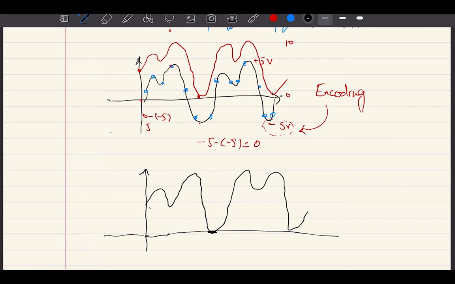After you have all those quantized intervals, shifted upwards to have positive values, you have something like this. After doing this, you choose every point, like this point, and convert it into its equivalent binary value.